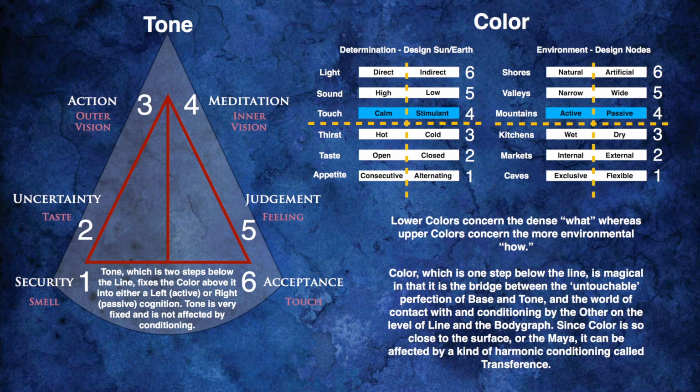The fourth color has a lot to do with the nervous system and the apprehension of things cognitively. And the way a fourth color determination person deals with the world cognitively is very sensational. It feels certain ways.